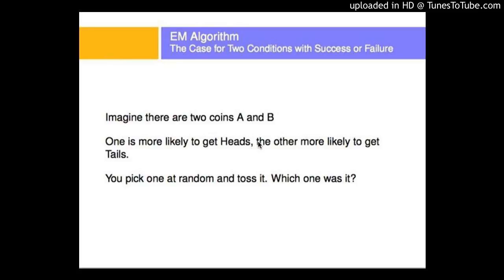Basically, if I think that coin A turns up heads 60% of the time, and I have these 10 coin tosses, what if it were coin A? What would be the probability that it comes from coin A? And what would be the expected number of heads that I would have expected from this coin? I will explain how to compute that.